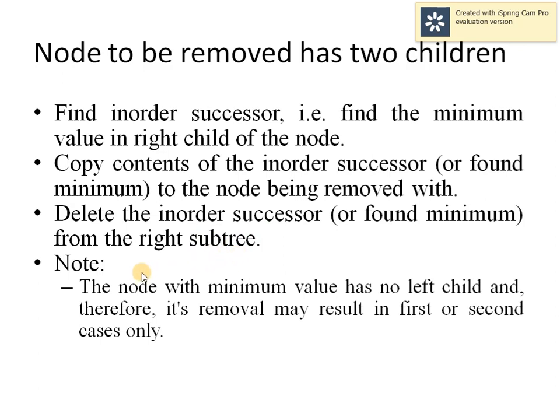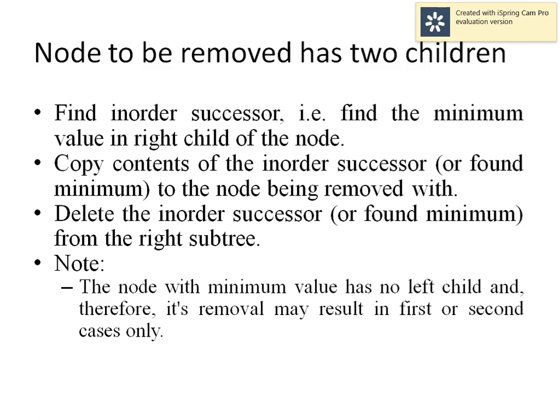We all know what the successor means. Successor means we have to traverse the right subtree of a node for the minimum value. Minimum value means we have to traverse the left pointer till it becomes null. The moment we traverse the subtree till the left pointer becomes null, we are converting the case of deleting a node with two children into deleting a node with one right child or a leaf node, because the minimum in the right subtree has no left child.